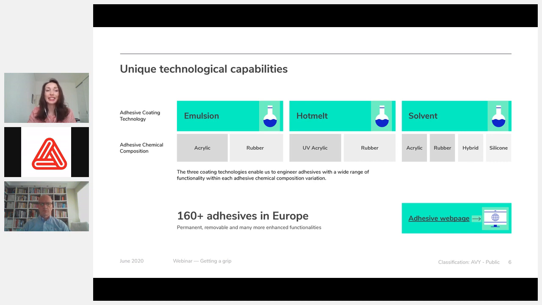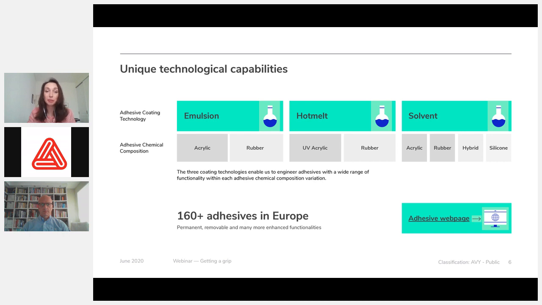Hybrid is, you can say, the best of two worlds. It's a combination of acrylic and rubber. And these are the types of adhesives that ensure very good adhesion to very difficult, sometimes even contaminated surfaces. Think about the durable segment or maybe automotive.